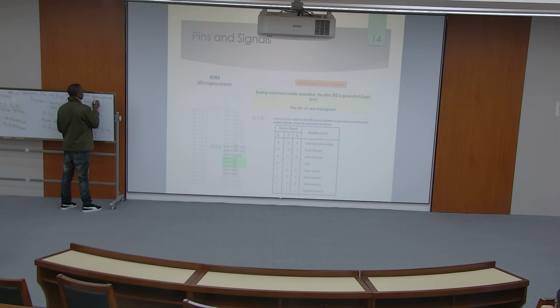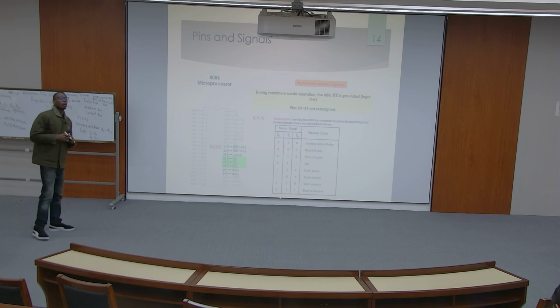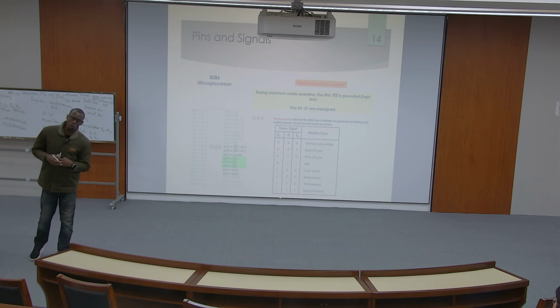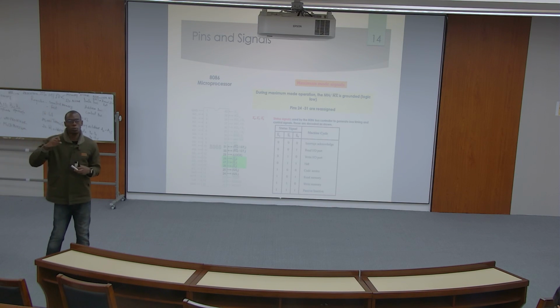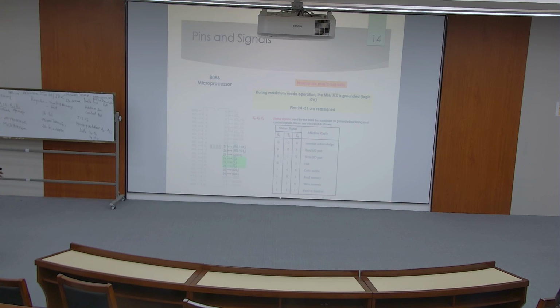Then for inactive or passive, we have all control signals S1, S2, and S0 set to 1. That means we have the microprocessor in passive or inactive status.